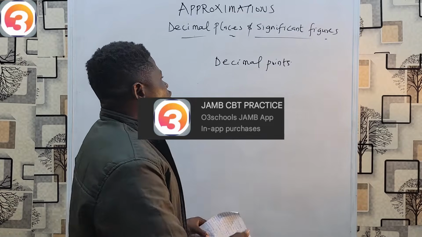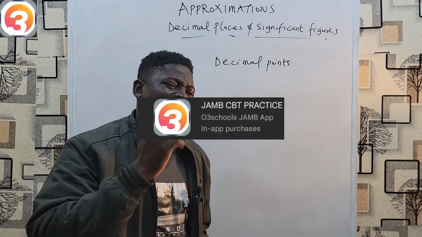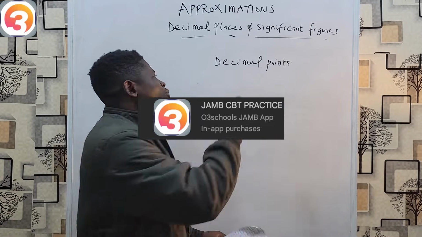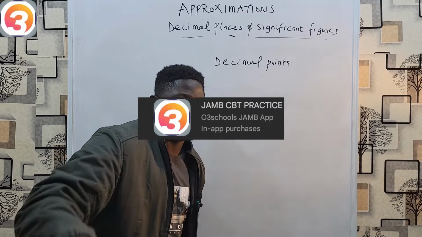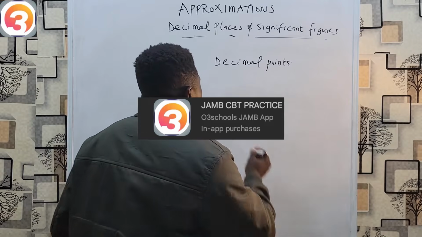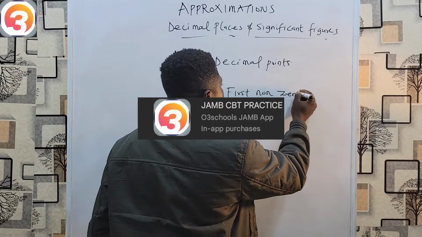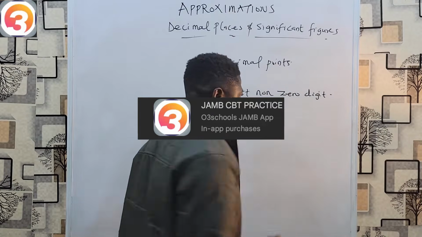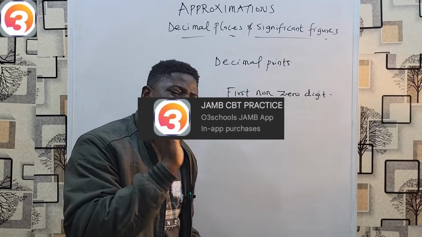Whenever we are told to approximate a decimal to a particular decimal place, what we are focused on is, where is the decimal point? The location of the decimal point is where we start from. But when it comes to significant figures, we are concerned about the first non-zero digit.